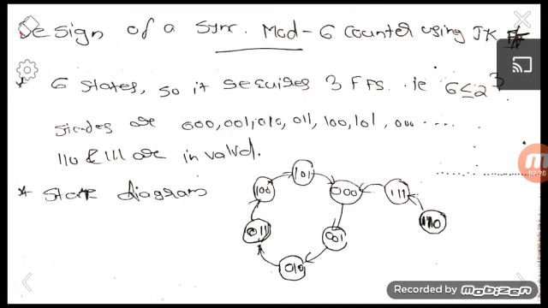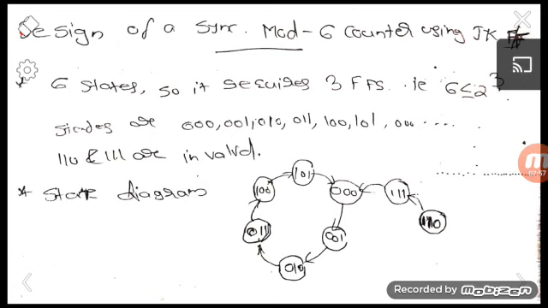For this shortened modulus counter, in the second last lecture I discussed the lockout condition. That is, when one of these invalid states appears at the output of our flip-flops due to some disturbances or noise, what will happen?